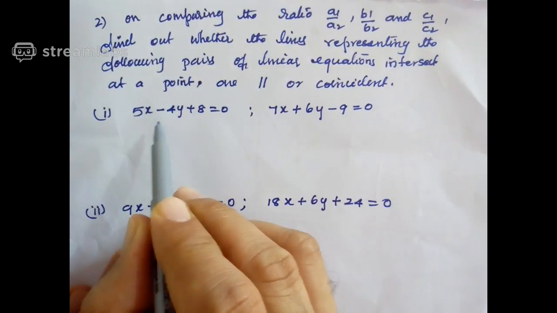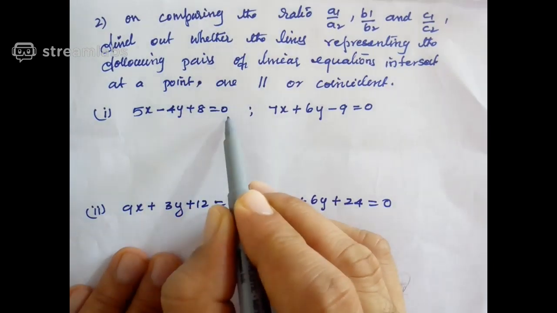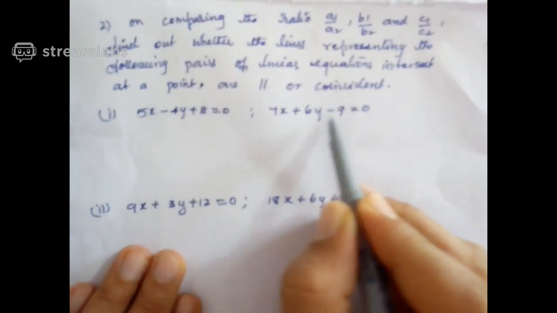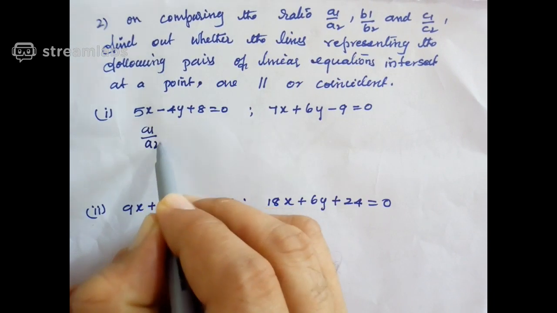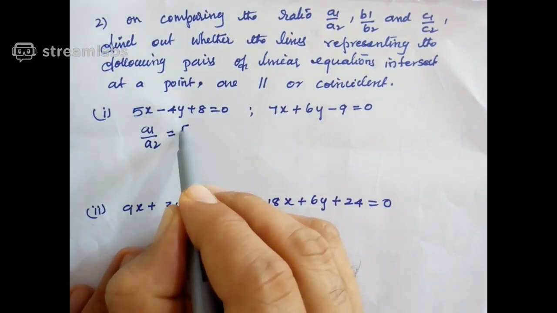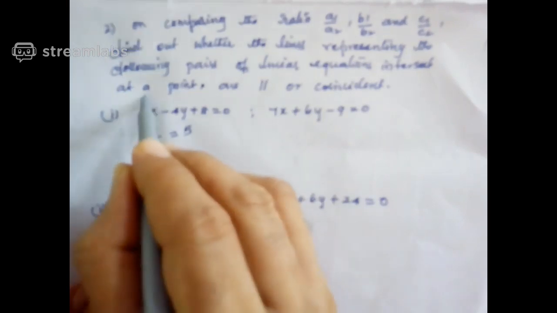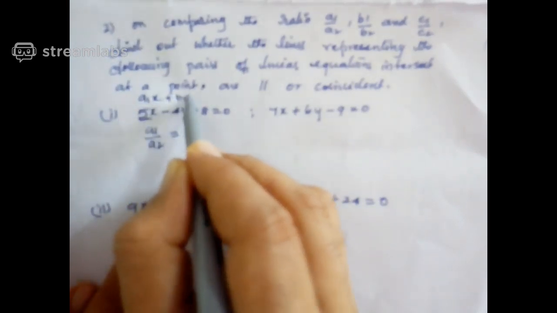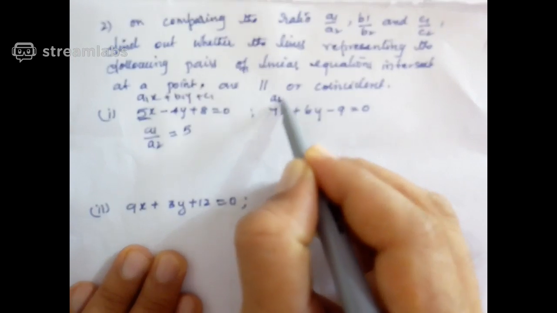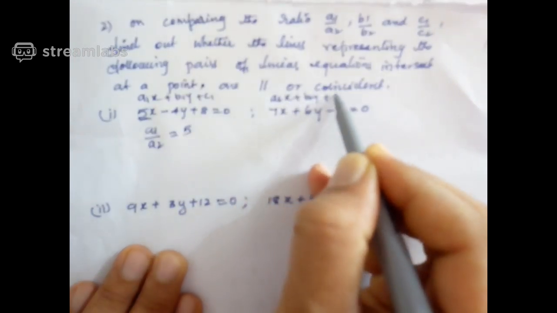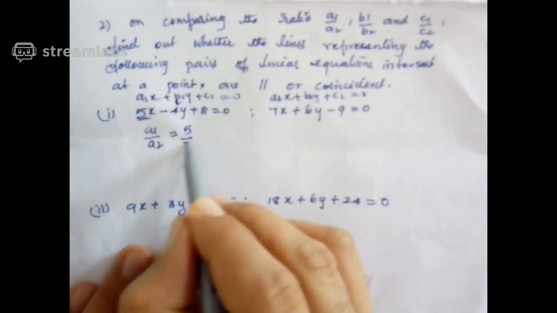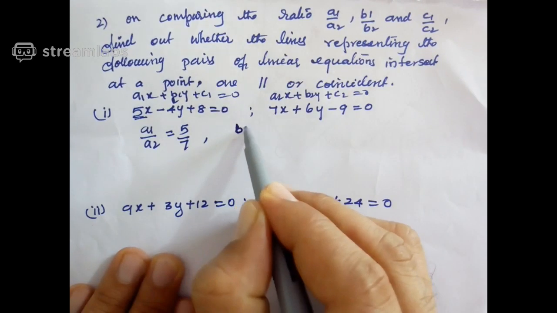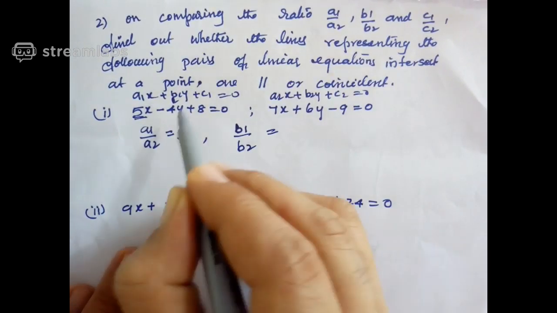It is 5x minus 4y plus 8 is equal to 0 and 7x plus 6y minus 9 is equal to 0. What is A1 by A2? A1 is 5, because you have to compare this with a1x plus b1y plus c1 is equal to 0, and this is a2x plus b2y plus c2 is equal to 0. A1 is 5, A2 is 7, then B1 by B2. What is B1?